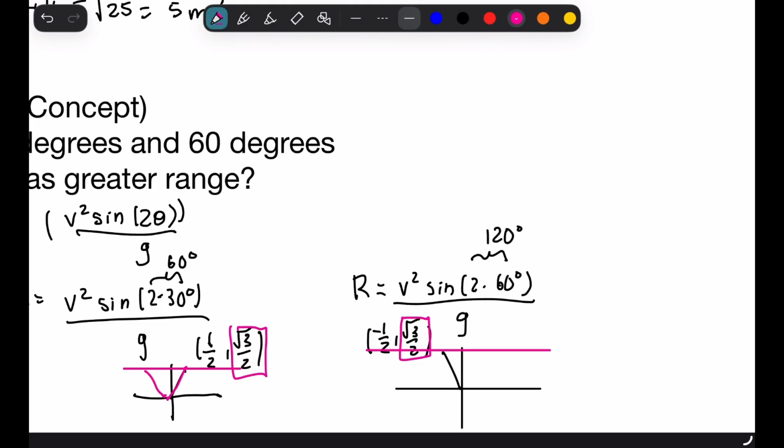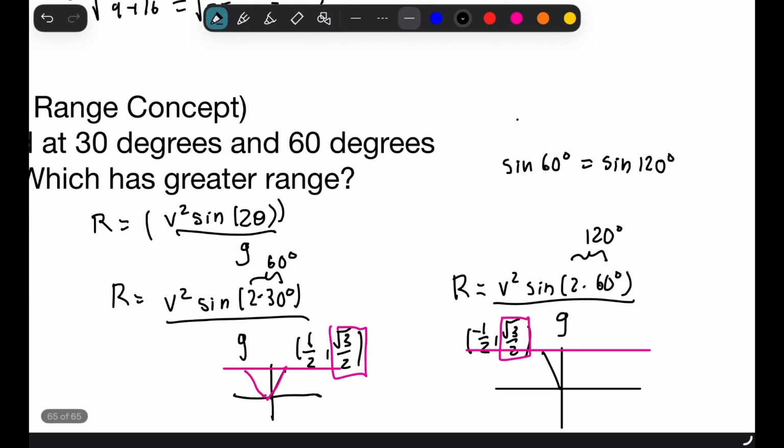On the unit circle, that's going to be negative 1/2, root 3 over 2. And that is going to be the same height as our sine 60 degrees was. So we can see that sine 60 degrees is going to be equal to sine 120 degrees. Therefore, our ranges are going to be equal.